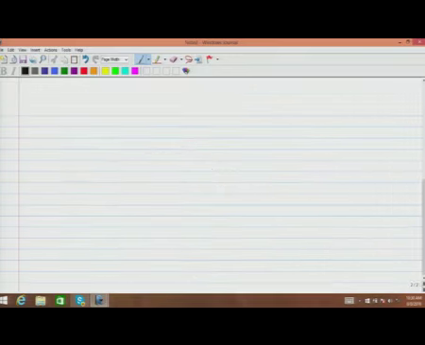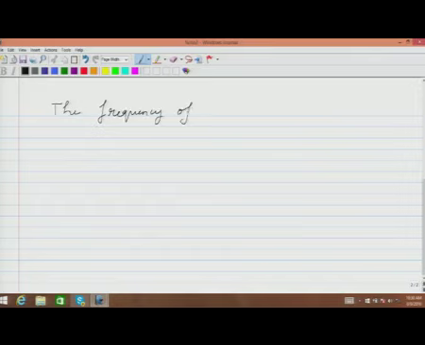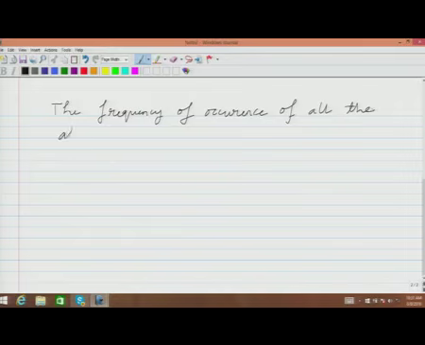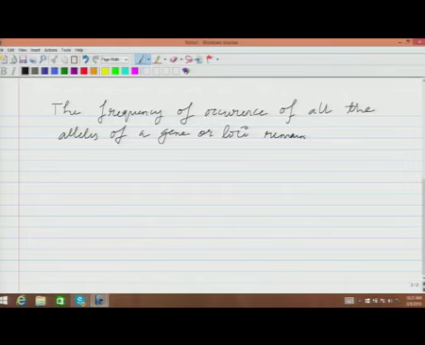Now, this equilibrium states that the frequency of occurrence of all the alleles of a gene or a locus remains stable and constant from generation to generation.